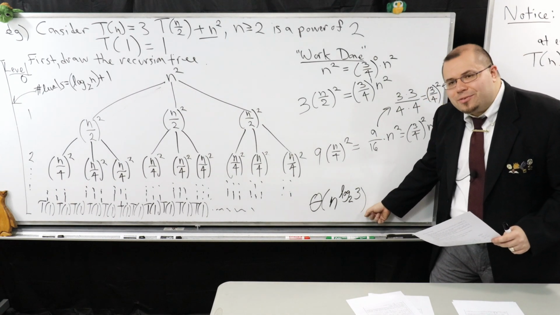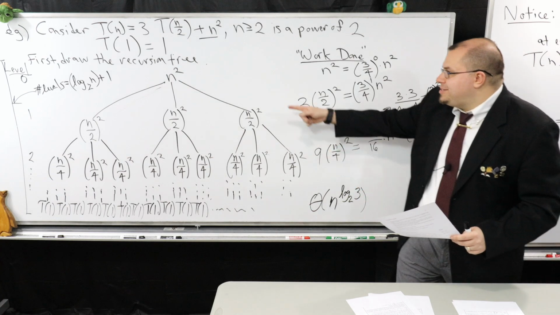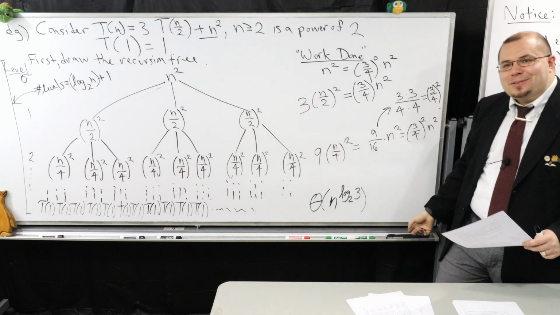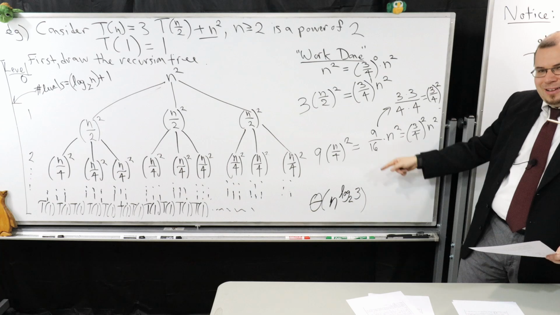Were it these leaves down here, or was it the root? Could somebody tell me? Which one really ended up winning here?